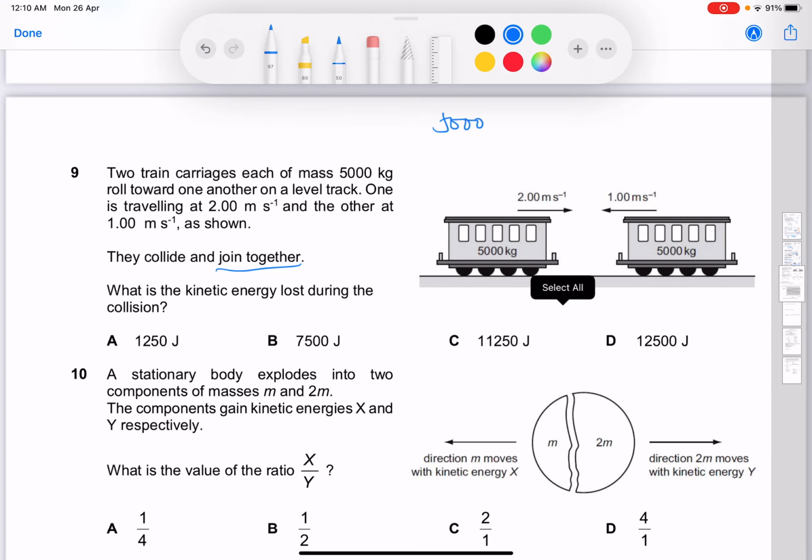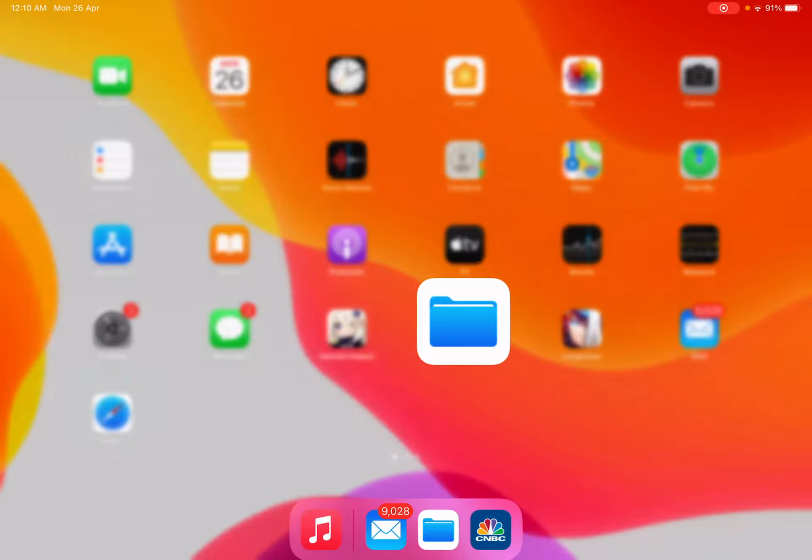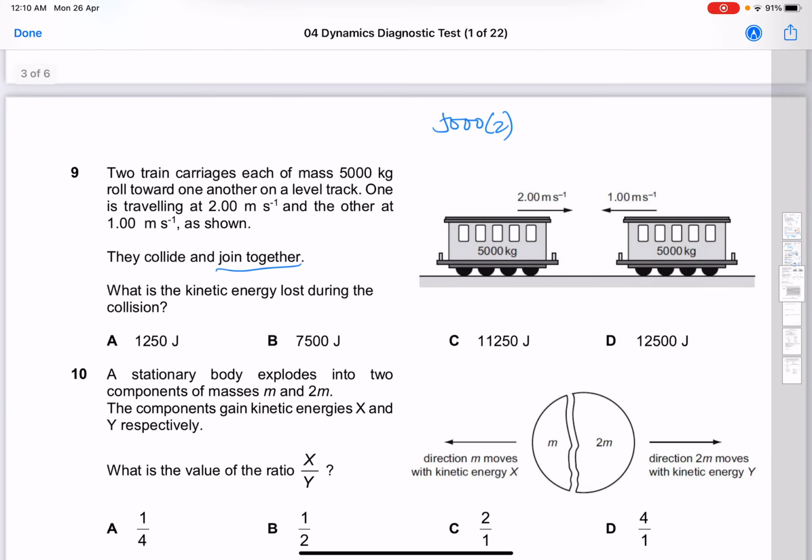It's in the opposite direction, so for this one, I have 5,000 minus 1 equals the final momentum, so V equals 0.5 meters per second. Alright, that's the final velocity.